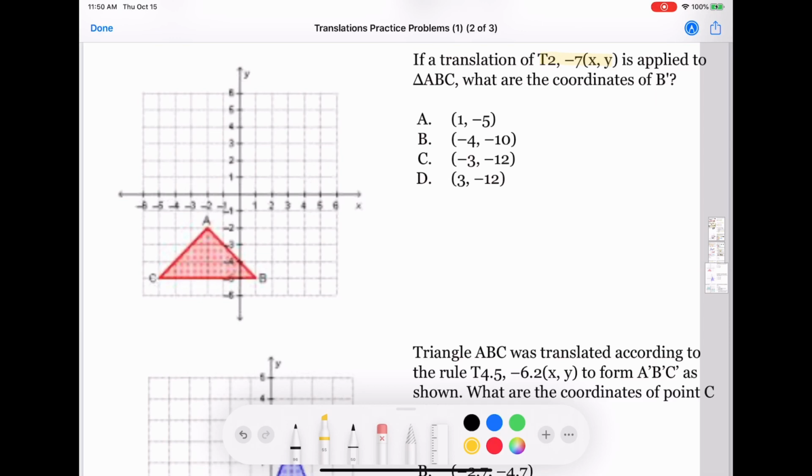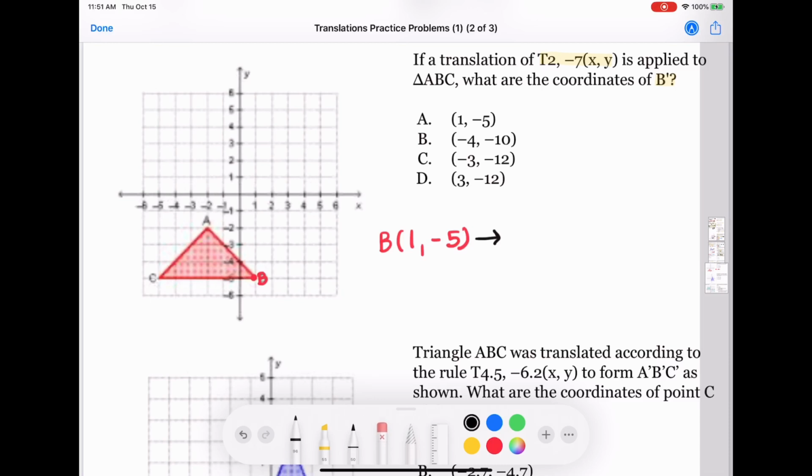What are the coordinates of B prime? Again, we are looking for the coordinates of B prime, but we have not been given the exact coordinates of our original B. So we're going to locate the B vertex and identify that B is located at (1, -5).